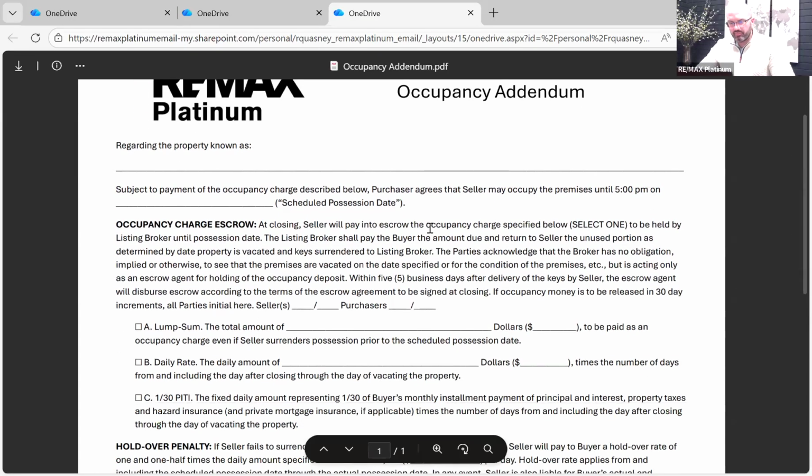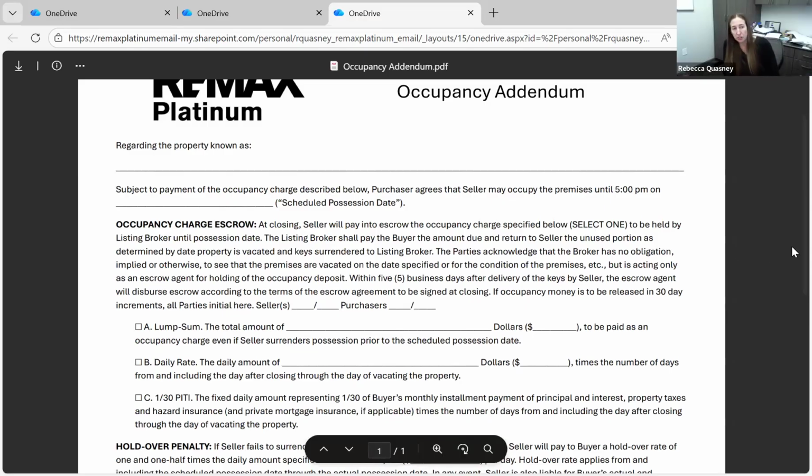Now, I'm the type that often just writes in here 30 days after closing, rather than a specific date. But yeah, it allows you to do either. You can either put in a specific March 31st date, or you could say 30 days after closing. Either way, it's making it clear that 5 o'clock is when they need to get out on that day.